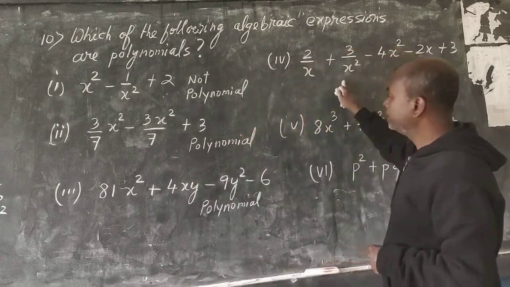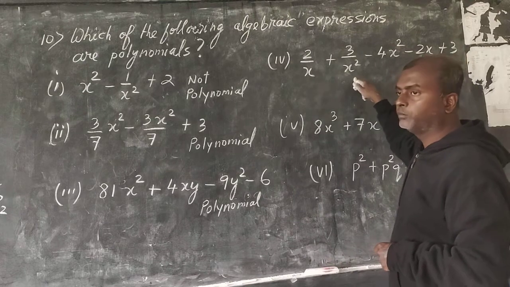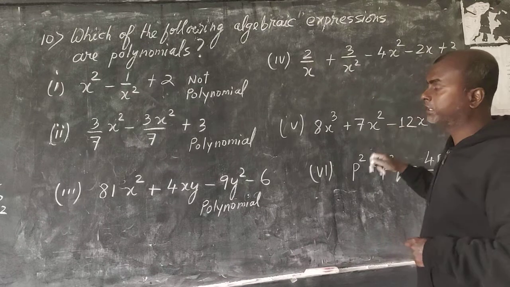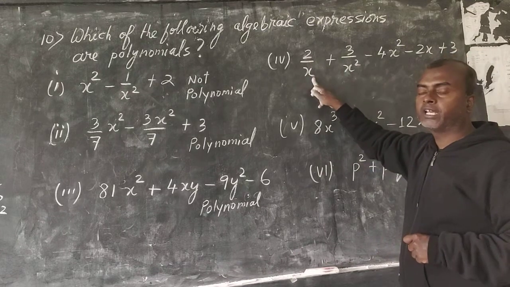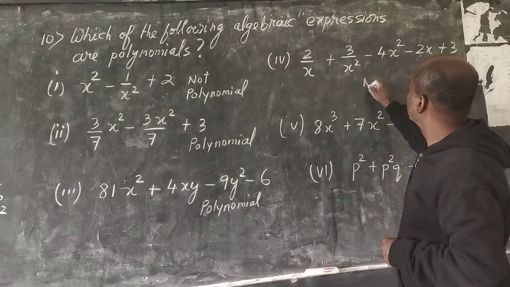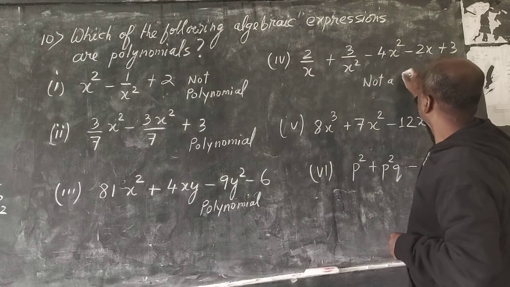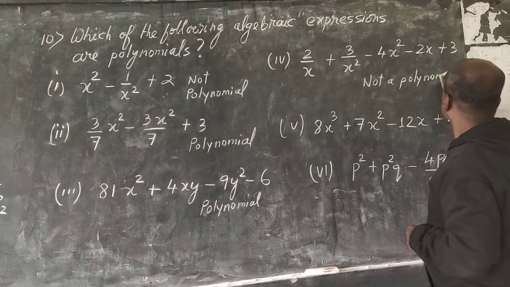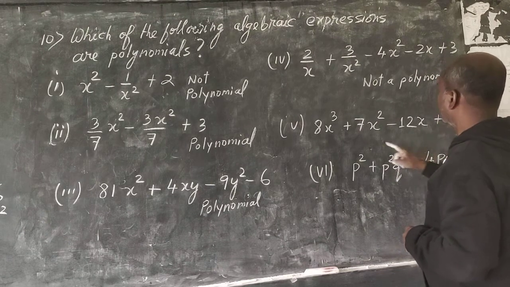Then comes this one. Again, here you see in the denominator there is a variable. Okay, 1, 2, 3, 4, 5 terms are there. Out of these, the first two terms have their variables as denominator. This is not allowed. So, not a polynomial. This one is alright.